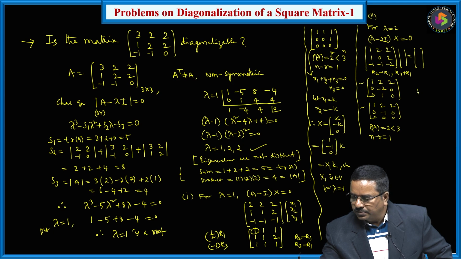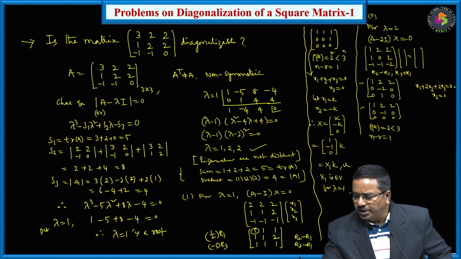What will we get as the system? x1 plus 2x2 plus 2x3 is equal to 0 and x2 is 0. So anyone you will take. Suppose you take x3 is equal to k, because of N minus R equal to 1.